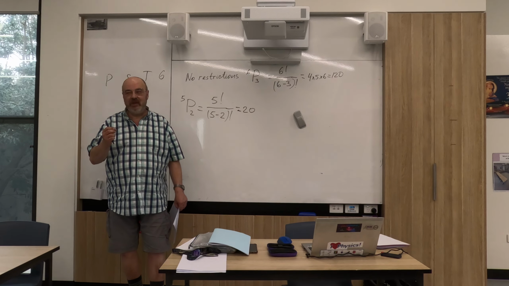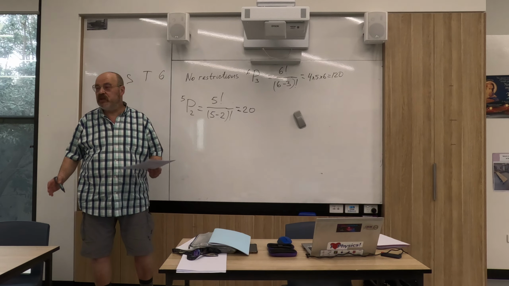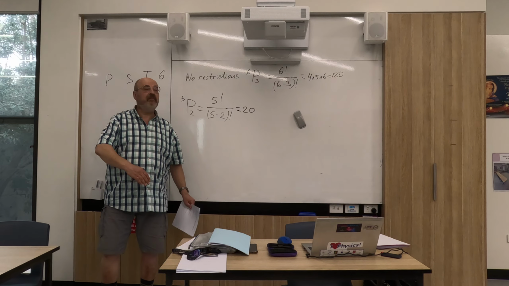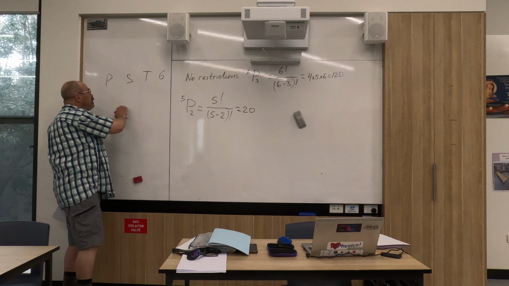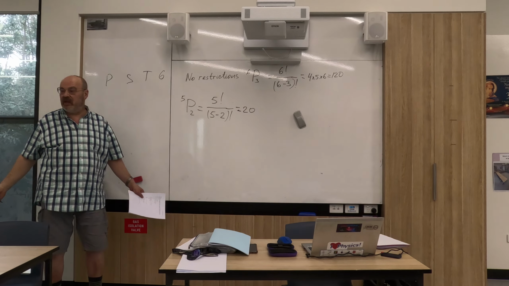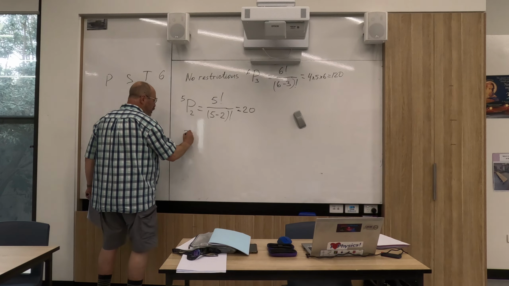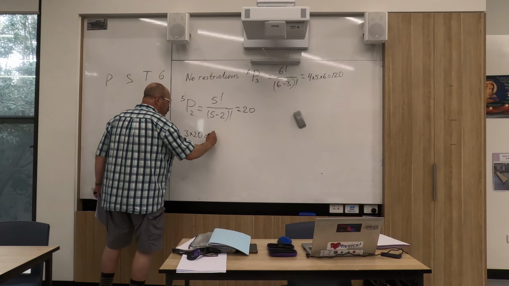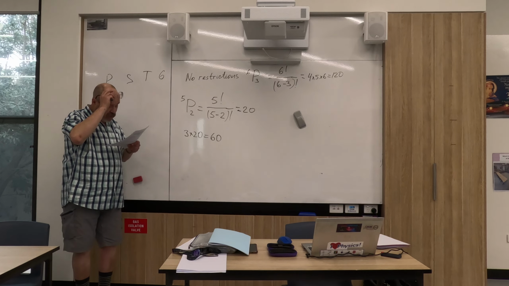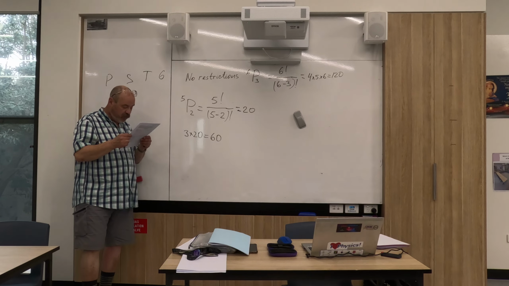That could be called the addition principle. Bob can be president, Bob can be secretary, Bob can be treasurer, and we add them, so 20 plus 20 plus 20 is 3 times 20, which is 60 ways. Make sense?